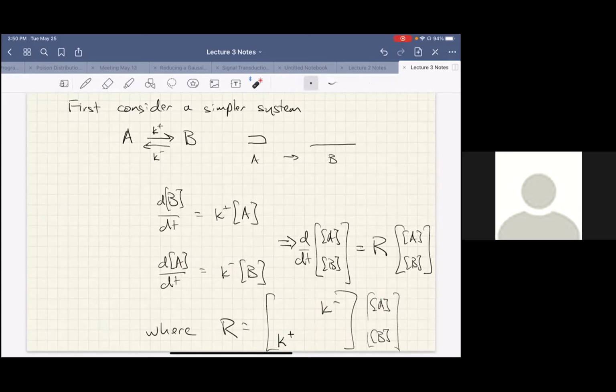And then if I multiply this row of R by here, I get K minus times B over here.